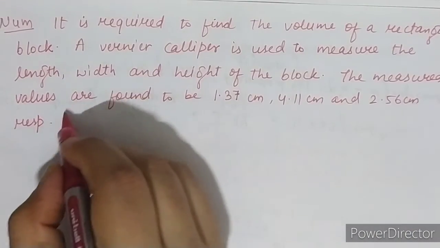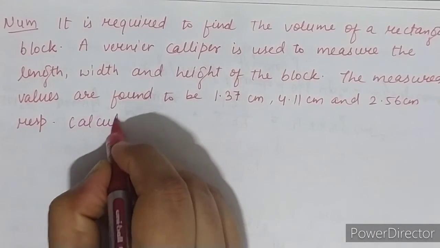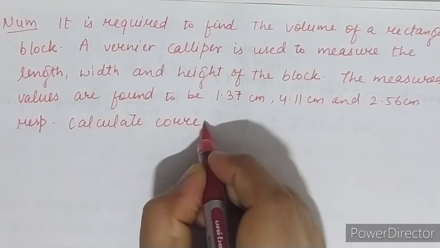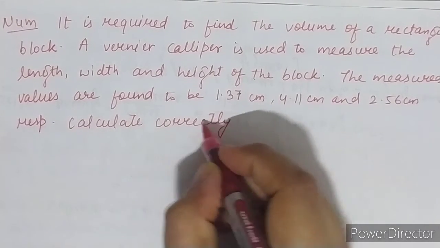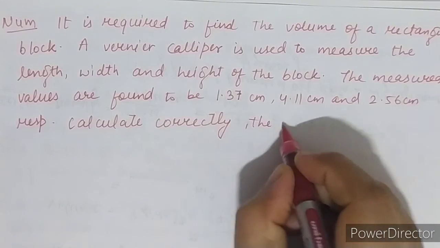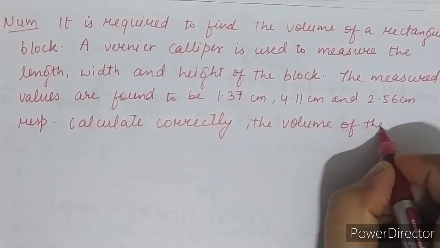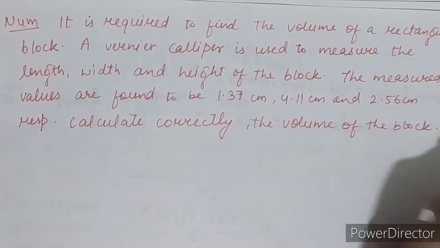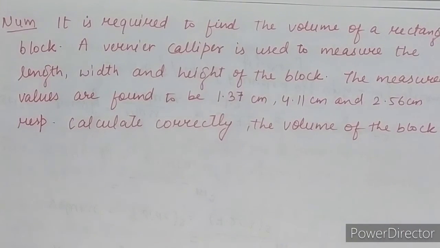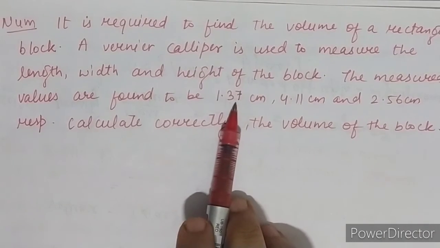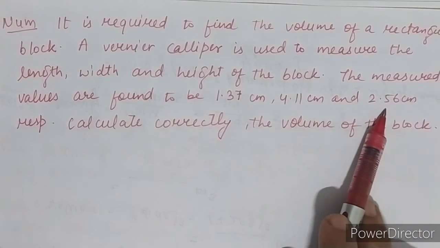Okay, you have to calculate correctly the volume of the block. You have to find the value of the volume of the block. This is based on the error. This is the value of length, and this is the width, and this is the height.